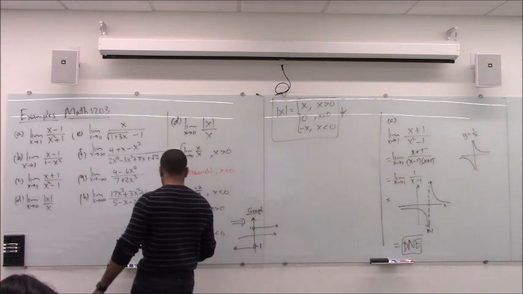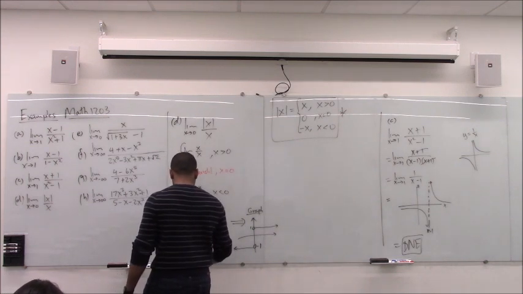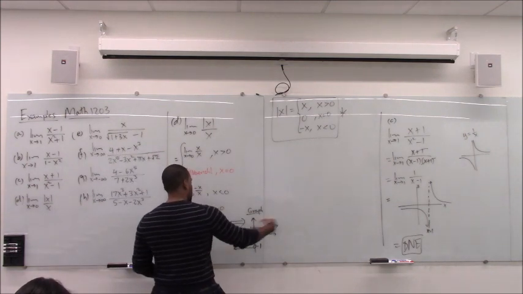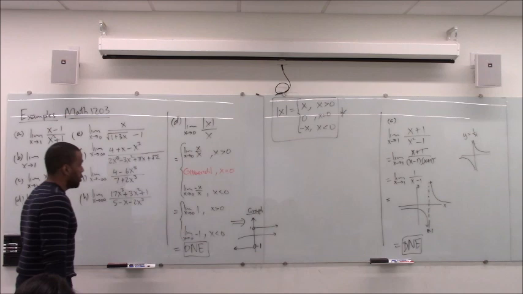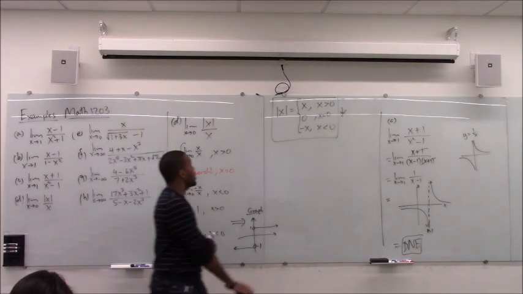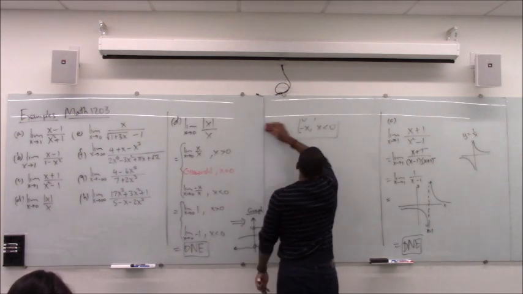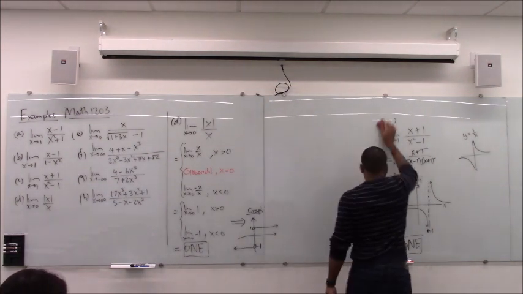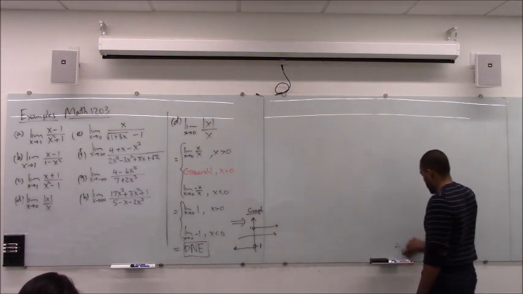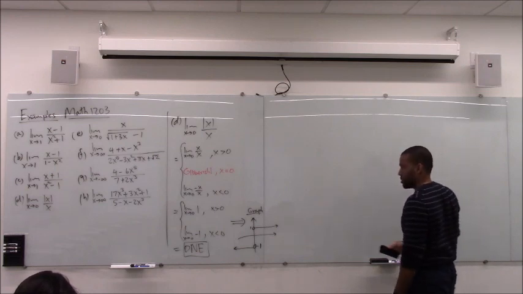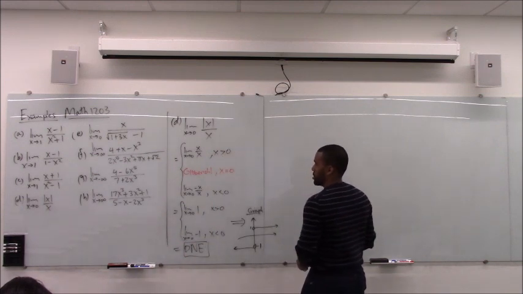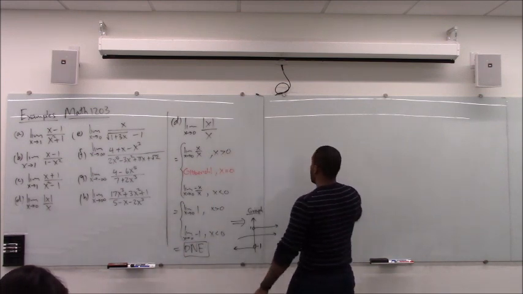Does not exist, E. It's two different things: from the right side it's 1, from the left side it's negative 1. That one does not exist.